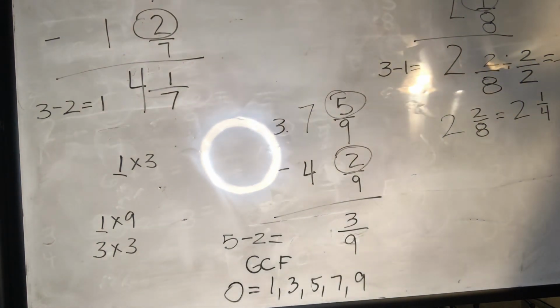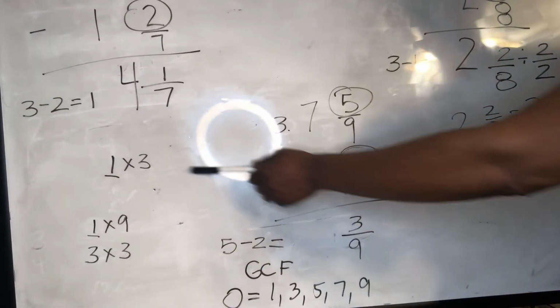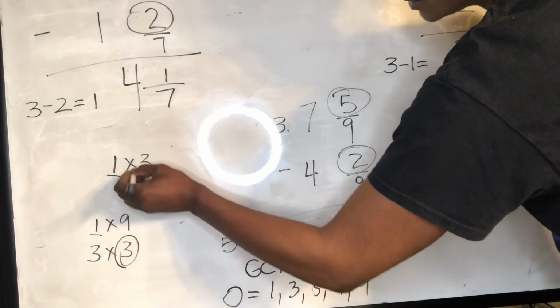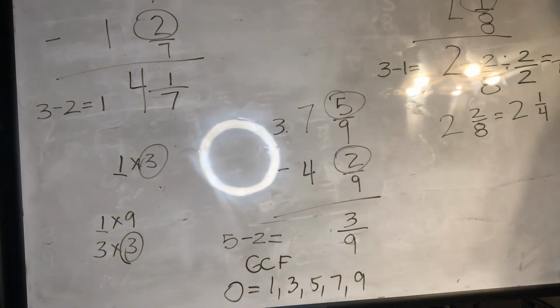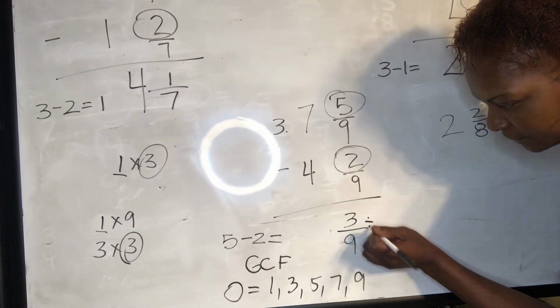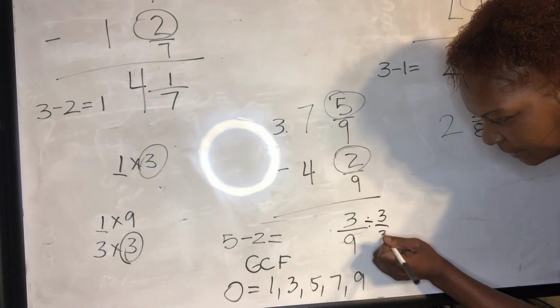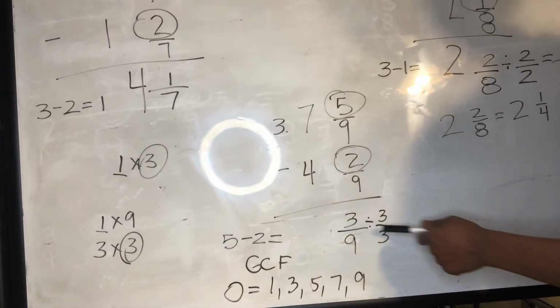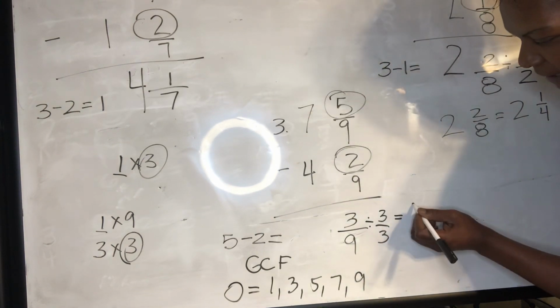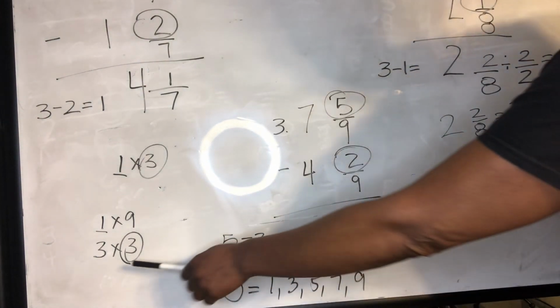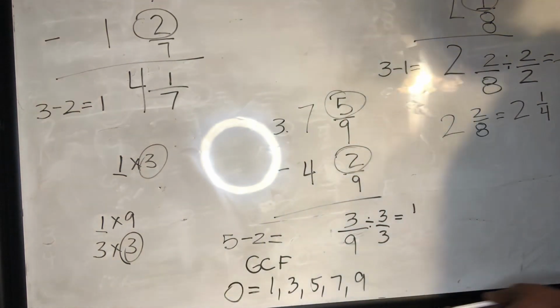So what number do they obviously share? They share 3. Exactly. So we can reduce 3 over 9 by 3. So that means we're taking a group of 3 from each one. And if we take a group of 3 out of 3, we only could do that 1 time, guys. And like we looked in here, it says 3 times 3 gives us 9.